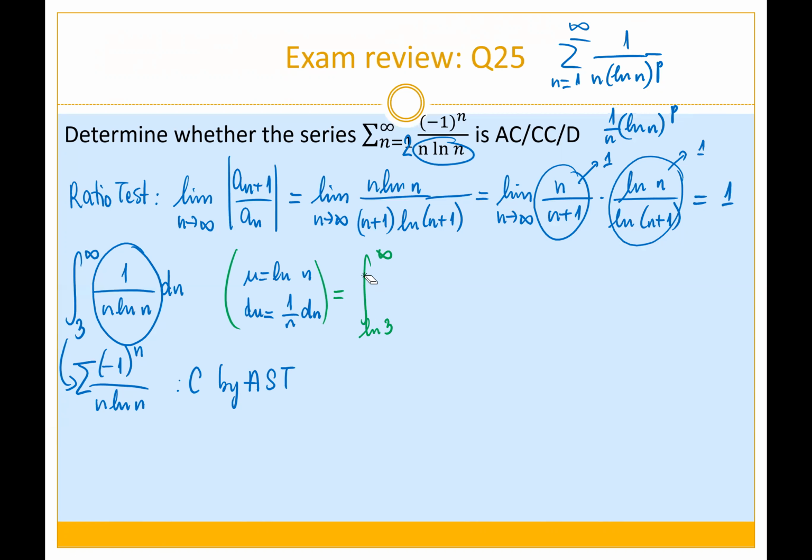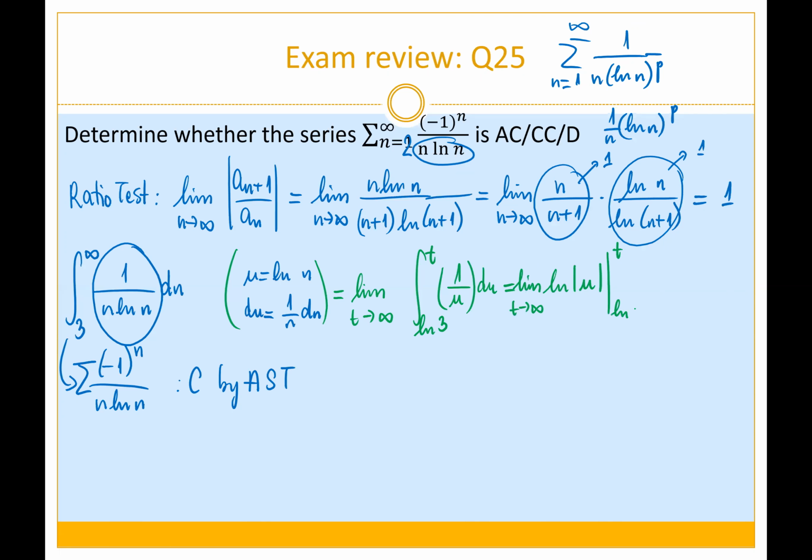Or actually, we have to take that infinity away. With t approaching infinity, from ln of 3 to ln of t, you're going to have 1 over u du, which is going to give us ln of u, the limit as t approaches infinity.